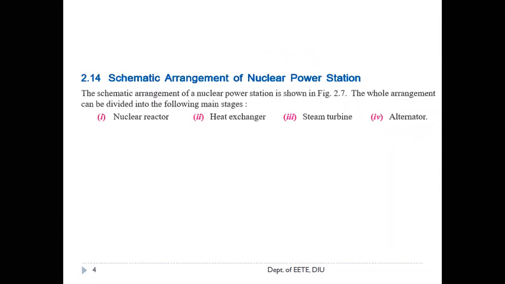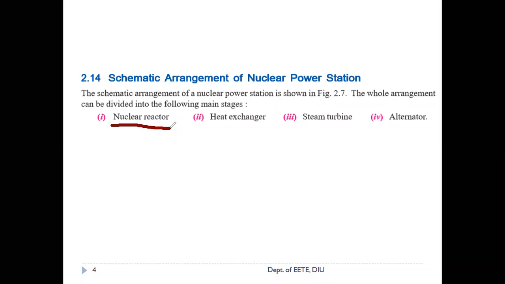If you list the major four stages in the nuclear power station, the main part is the nuclear reactor, where the nuclear fission reaction is happening. It is the main core of the nuclear power plant. When the fission reaction is done, a huge amount of energy is generated.